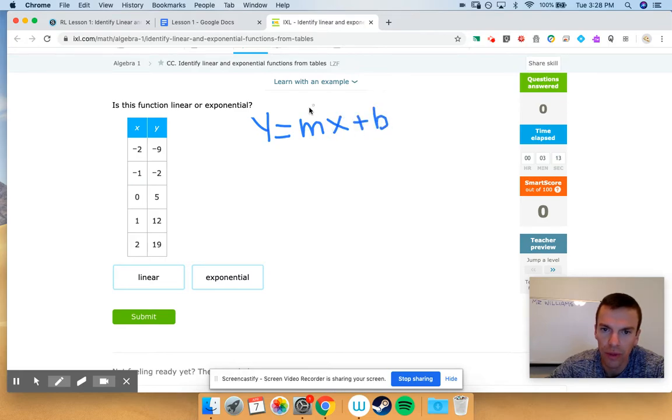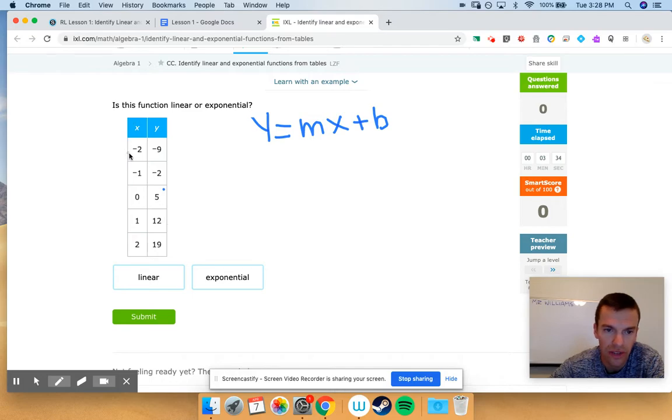And if we remember m right here, m is our slope, and that's just a number. It doesn't change. So once we figure out what the slope is, it's just going to stay constant, and that means for every change in x right here, it's going to go up by the same amount, okay? So if this is consistent, this change should stay consistent as well.